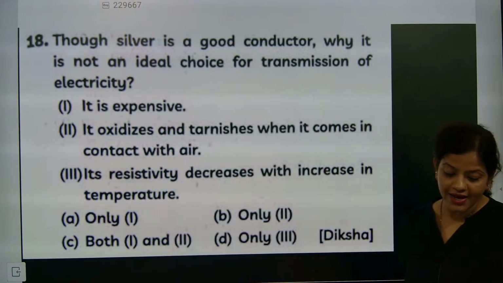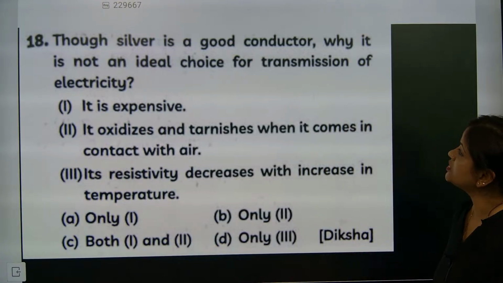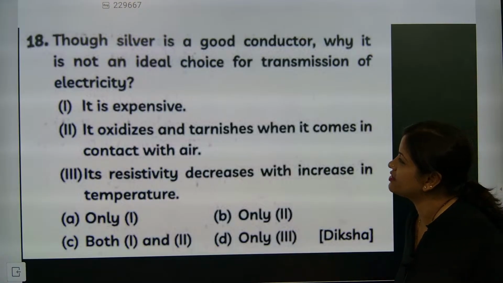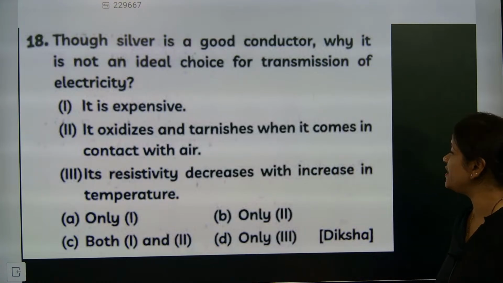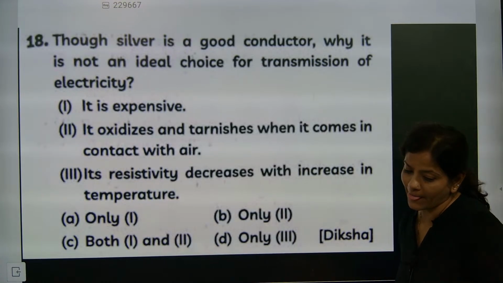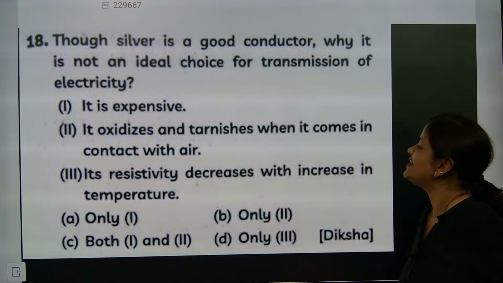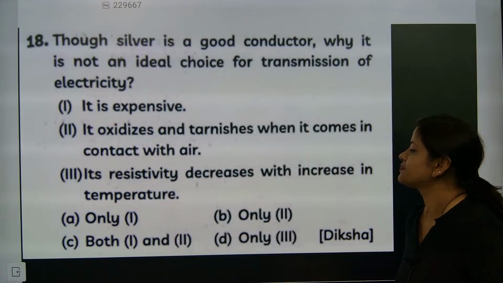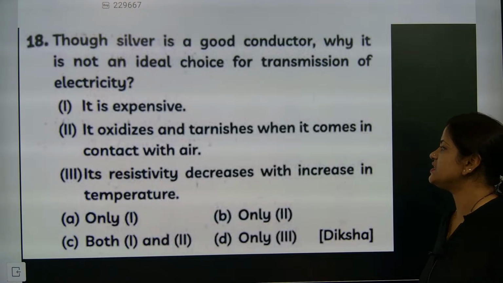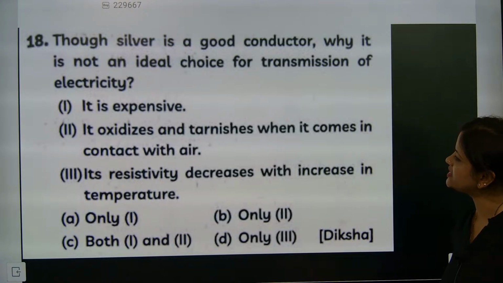Okay, Naren is telling the answer is C. Because though silver is a good conductor, why is it not an ideal choice for transmission of electricity? It is expensive. Okay, it oxidizes and tarnishes when it comes into contact with air. Its resistivity decreases with increase in temperature. Okay, here resistivity decreases with increase in temperature, no, resistivity increases.